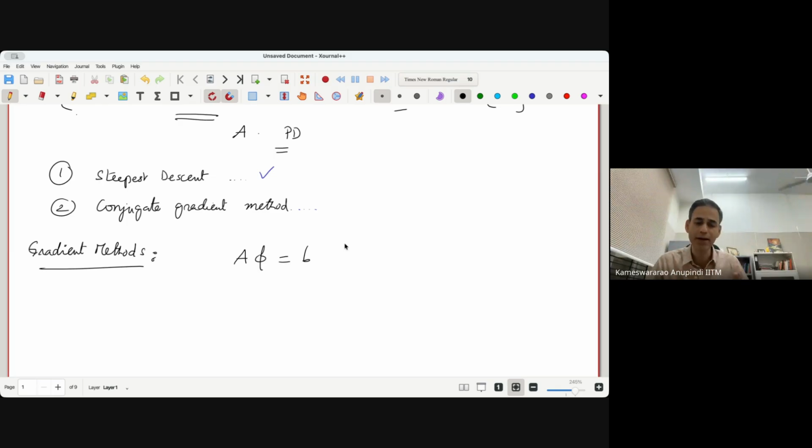We said this is a tridiagonal matrix, or a block tridiagonal matrix, and so on, right? So with all the structure of A, we were trying to solve for phi for a given right-hand side. That's what we were doing, okay?